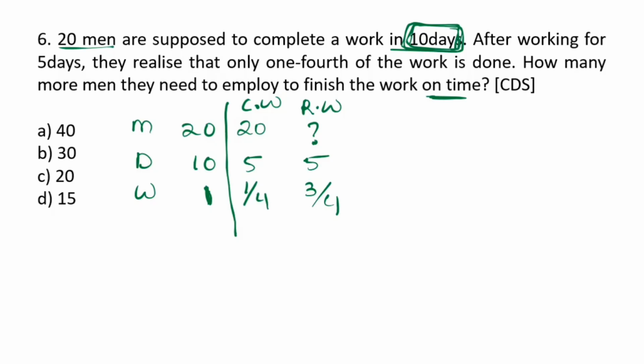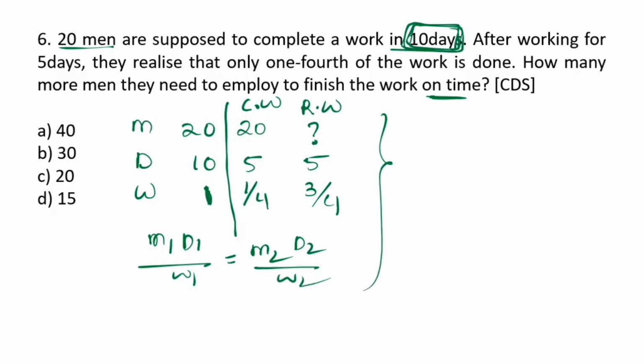Okay, now I have to find out using the same formula: M1 D1 by W1 equals M2 D2 by W2. So here, what is M1? 20. D1, days, is 5 days.